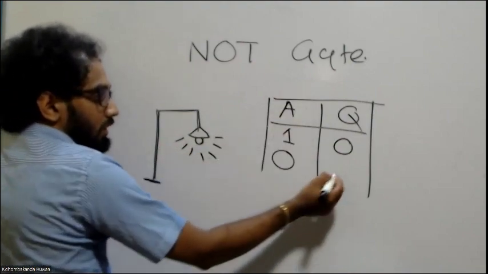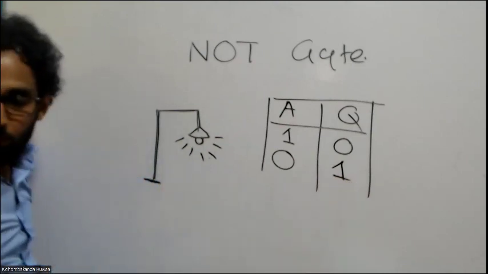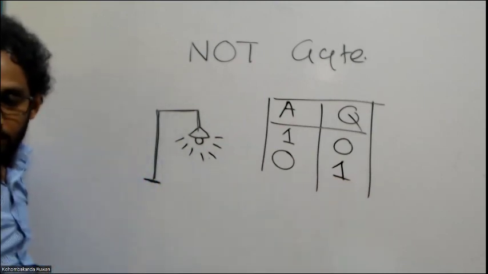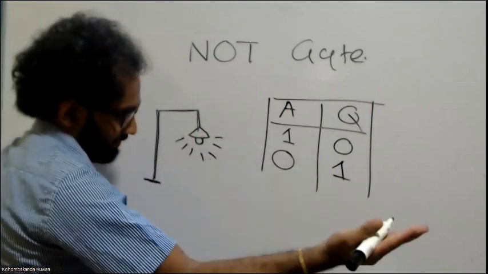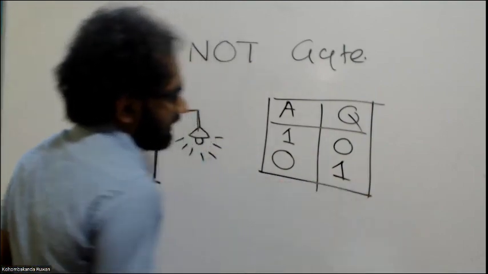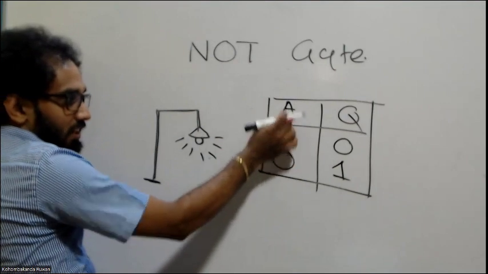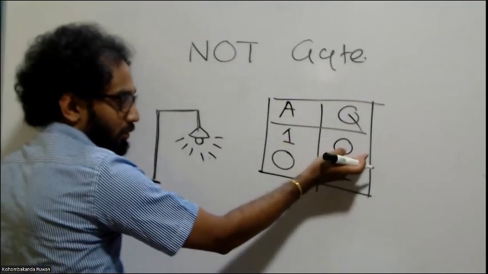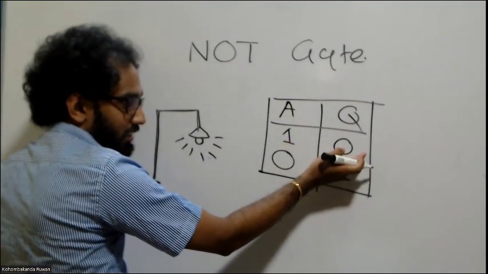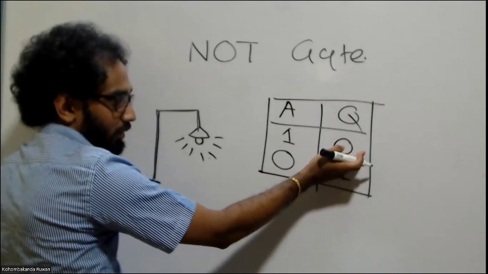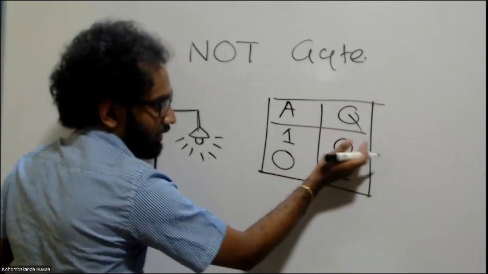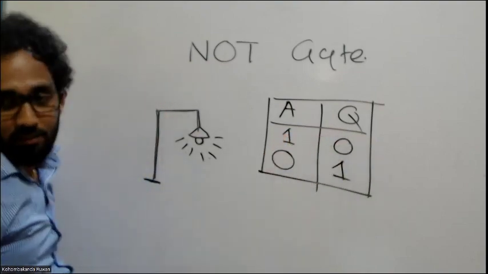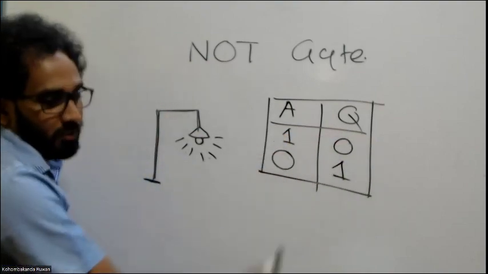Here you can see the input is 1, but the result is the negative. That means here 1, here 0. The result is the negative of the input.